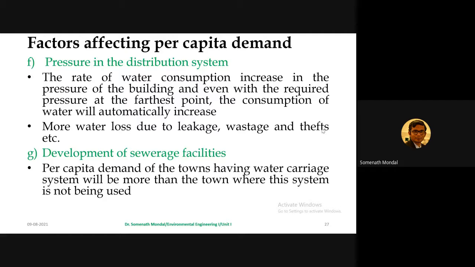On the other hand, the water consumption will be more if the city is provided with a flush system, and shall be less if the old conservation system of the latrines is adopted. So these are the ways you can connect the overall per capita demand with the sewerage facilities. If we use a flush system, if we use sophisticated sewerage facilities, then obviously the overall demand is going to increase.